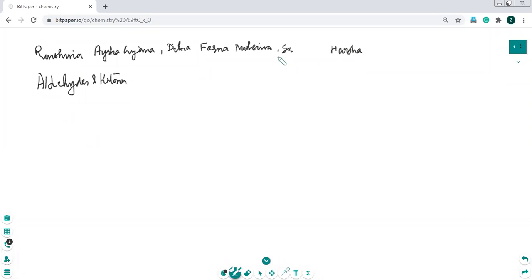Now, functional groups, when we talk about aldehydes and ketones, we will just generally introduce the keto group.